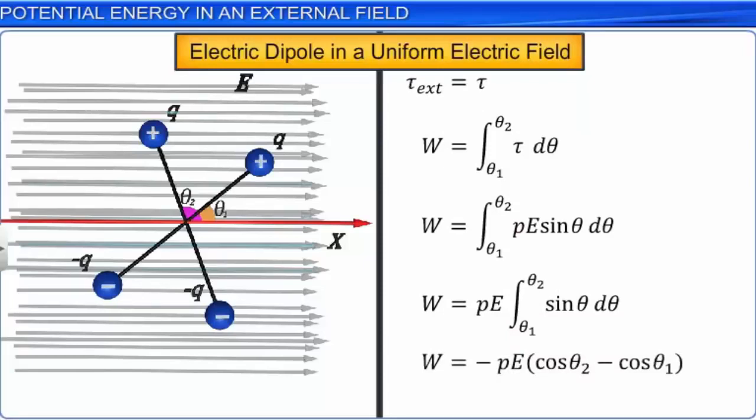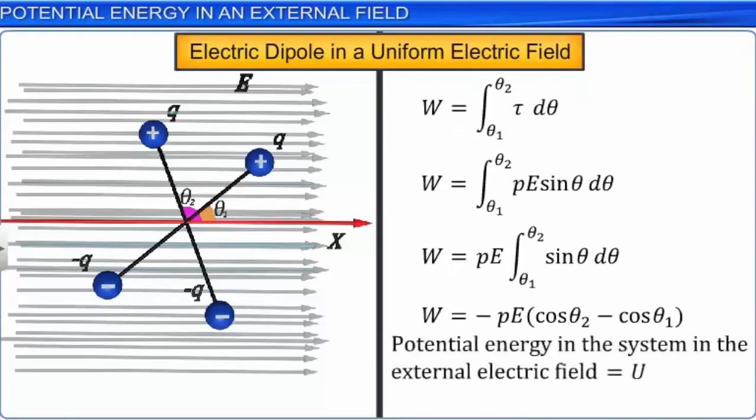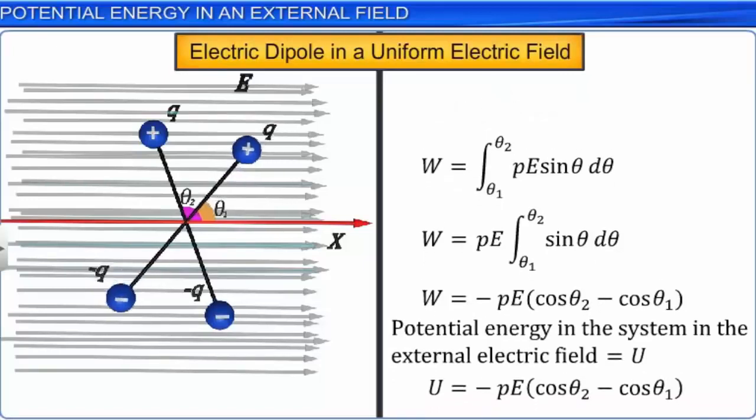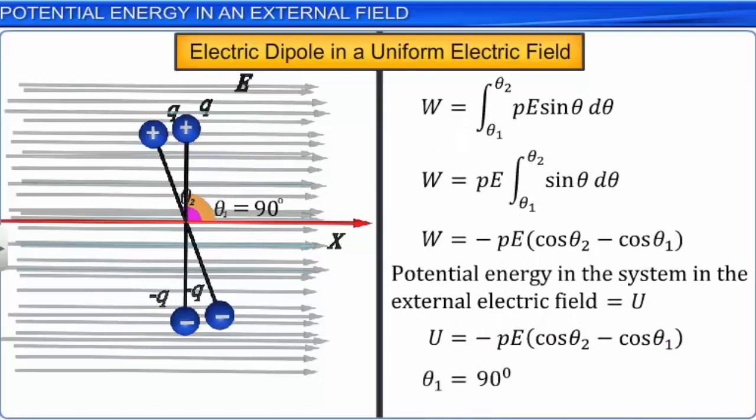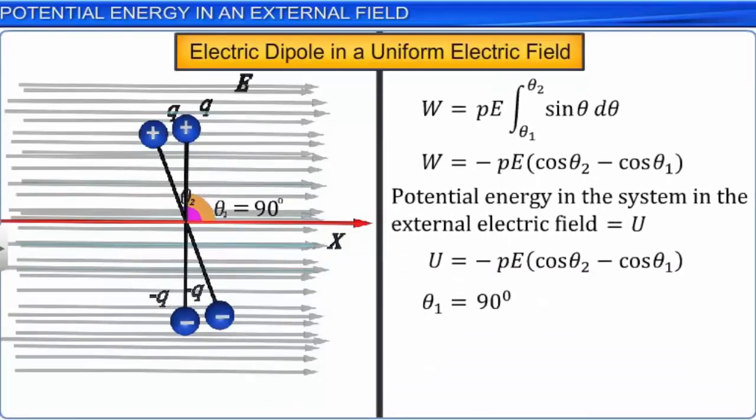This work done by the external torque gets stored as potential energy U in the system in the external electric field. If θ1 is equal to 90 degrees and if θ2 equal to θ, then the potential energy in terms of the angle the dipole makes with the external field is U is equal to minus P E cos θ.